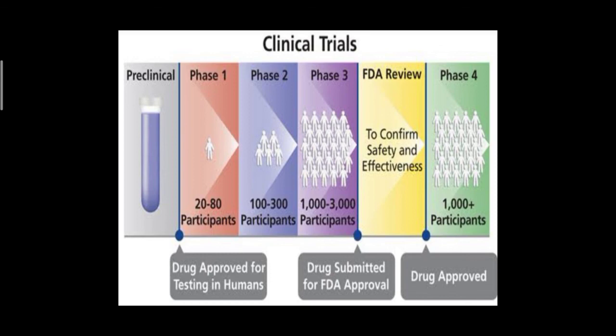Phase 4 is the post marketing phase. Here the drug will come to the market, and more than 1,000 people will take that particular drug. After getting drug approval, it will roam around the world, and then they will monitor the particular drug.